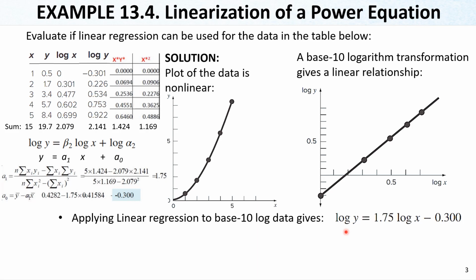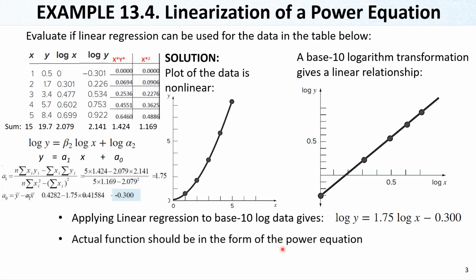And when we write these into the equations, basically the equation is logarithm y equals beta 2, which is 1.75, times logarithm x minus 0.3, because this is logarithm alpha 2 directly. So we can also convert this to a power equation easily. Now actually we fitted a linear equation. If you plot this curve or line, you will obtain this.